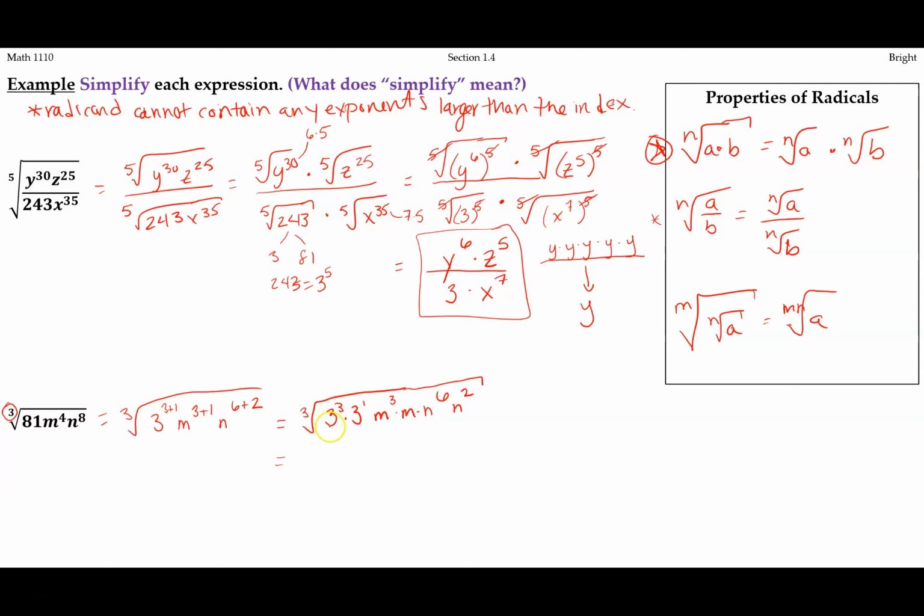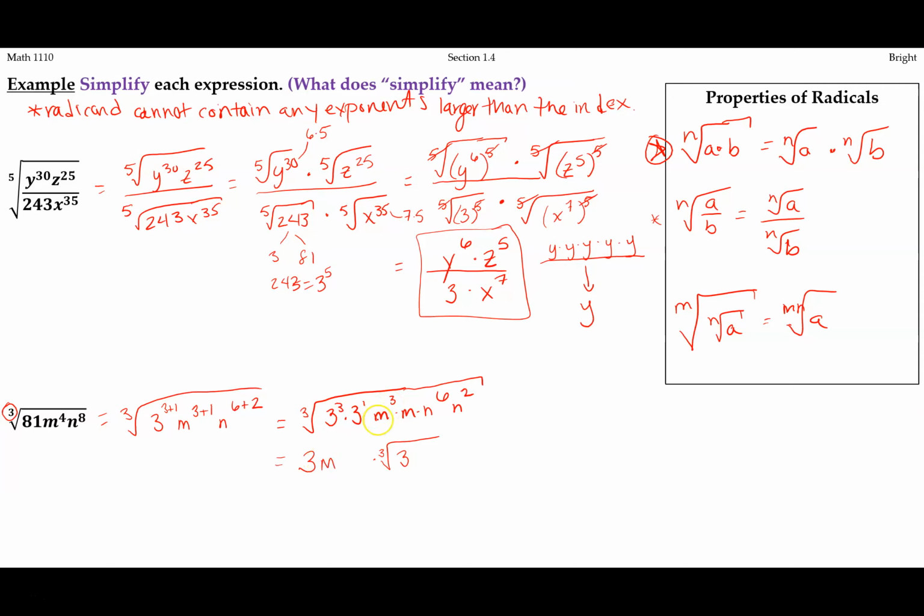So this first one, 3 to the third, would actually come outside the radical as a 3. 3 to the first has an exponent that is already smaller than the index, so I can't do anything with that. I'm just going to leave that. It's going to have to stay underneath the radical, so I'm going to have a cube root of 3 somewhere in this problem. And then m cubed is going to come outside as m.